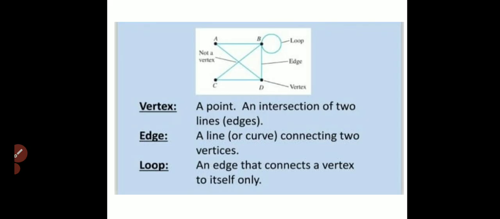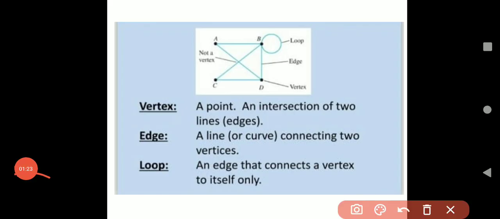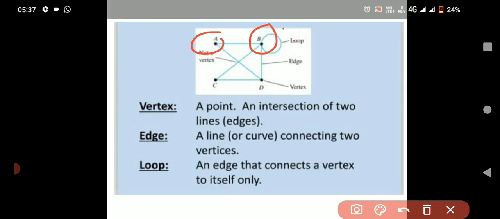Here, AB is a line that is noted as an edge, joining the vertices A and B.